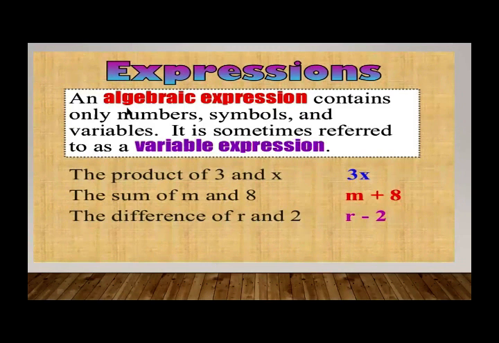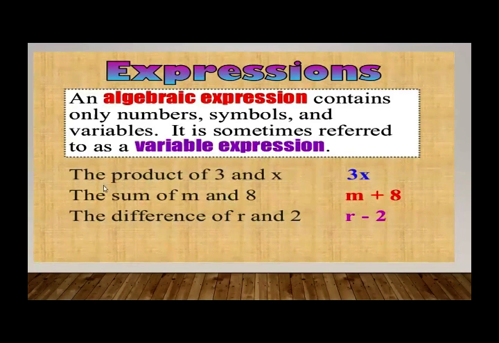So according to its complete definition, in an algebraic expression, we see all types of numbers, maybe natural, whole, prime, even, odd, rational, fractional, or decimal numbers, plus symbols. Symbols may be radical sign, cube root, and variables for different alphabets. So sometimes the algebraic expression is known as a variable expression.